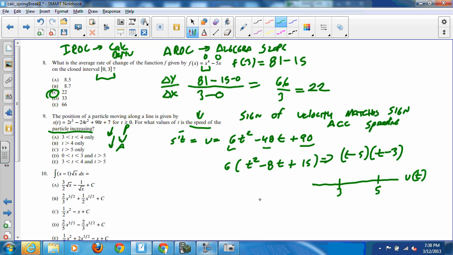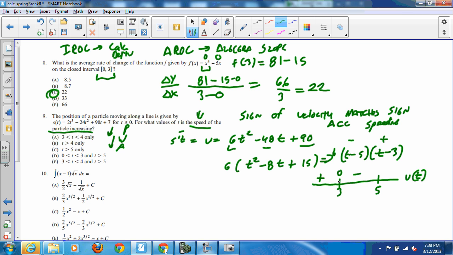Let's go ahead and evaluate this since we got it all set up. Of course, the 6 out here is not going to affect anything. So pick a value, let's pick a value like 1. If we put a 1 in here, we get 1 minus 5 is negative. 1 minus 3 is a negative 2, so we have a negative times a negative, we get positive. 0 at 3, correct? So choose a number like 4. 4 minus 5 is negative still, and 4 minus 3 is positive.